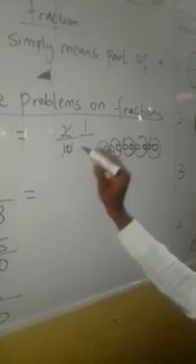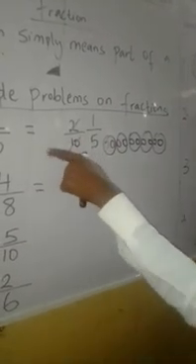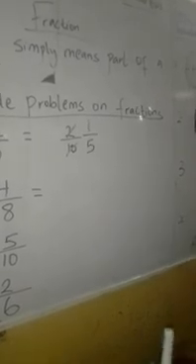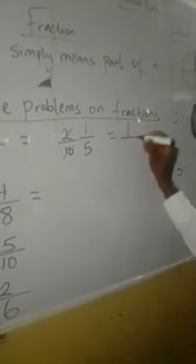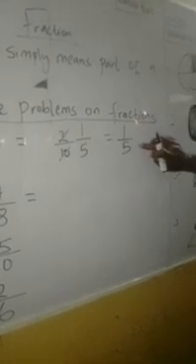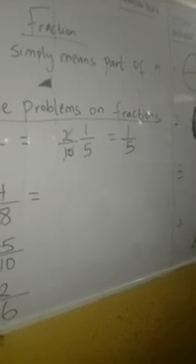So 2 here will give me what? 5. So the lowest form or the lowest fraction is what? Is 1 over 5. Is that okay? So my answer is what? 1 over 5. The number up is the numerator, the number down is the denominator.